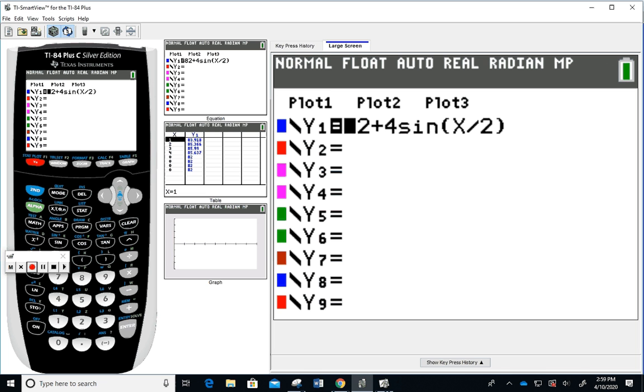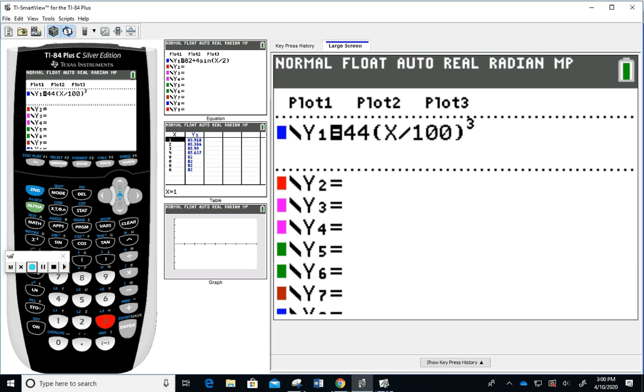I'm going to my y equals screen. I'm going to clear out what was there already. So let's see here. It's 44 times t over 100. So x over 100, close parentheses, quantity cubed. And then make sure you hit your right arrow key, because who knows, that might have been the issue.